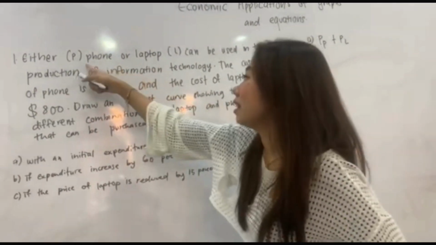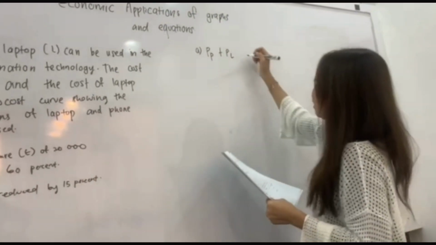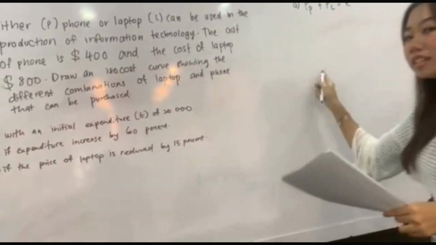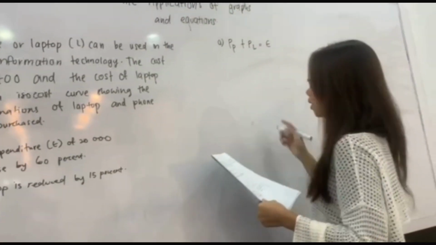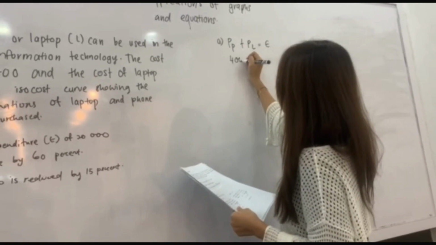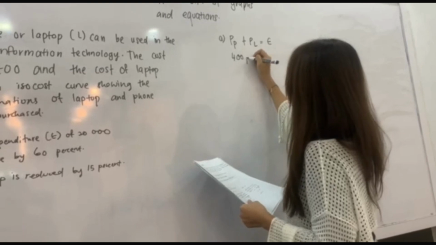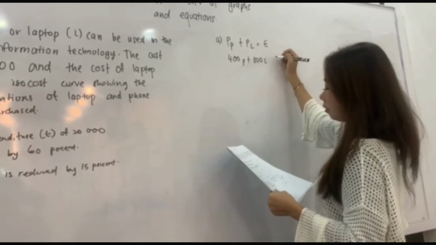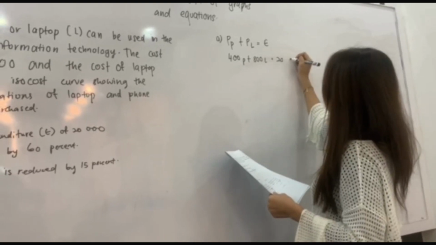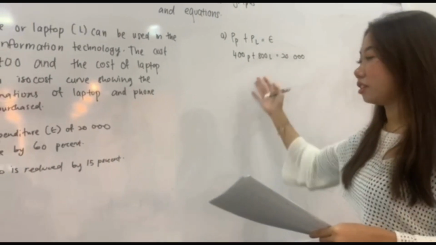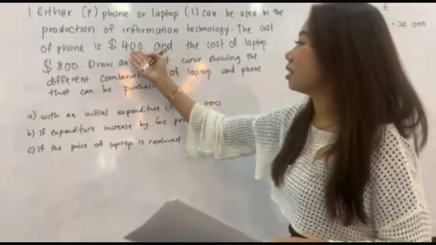P stands for phone and L stands for laptop, equal E. E stands for expenditure. So below it we need to write 400P plus 800L, equal 20,000. Where did we get 400 and 800? We get it from this and this.